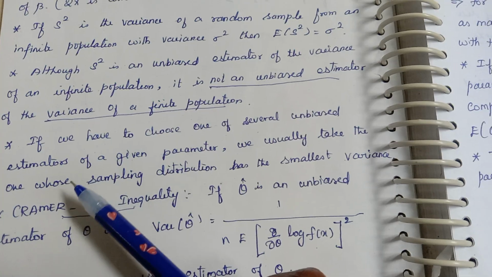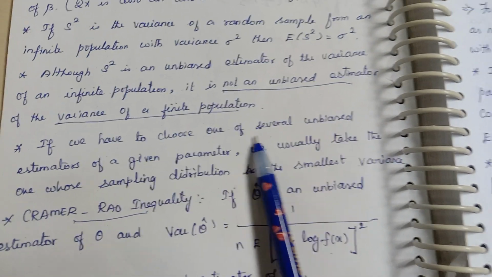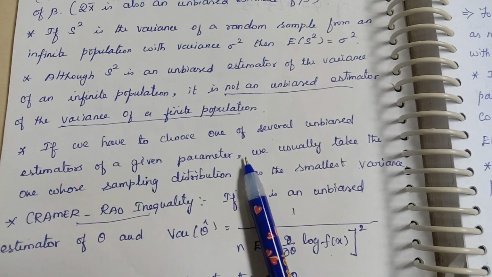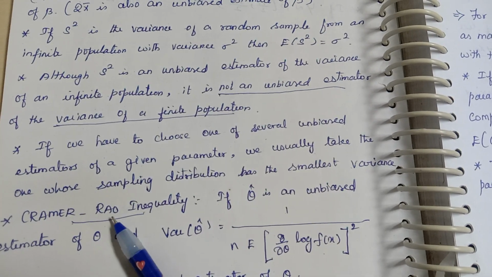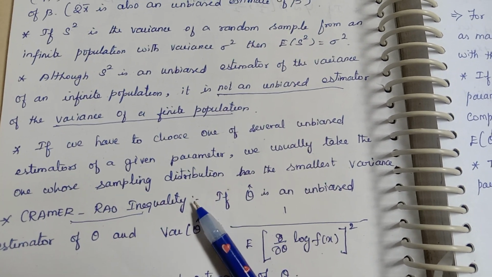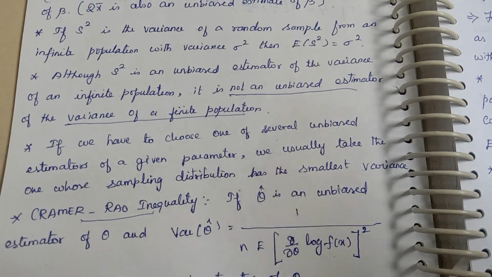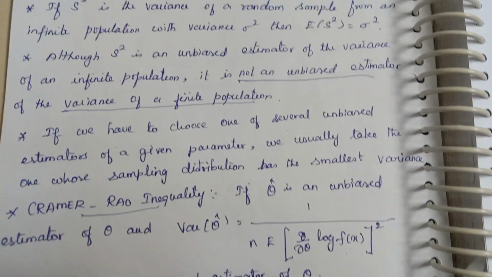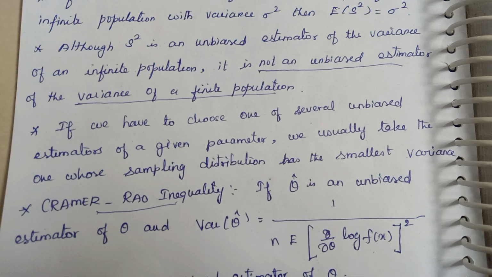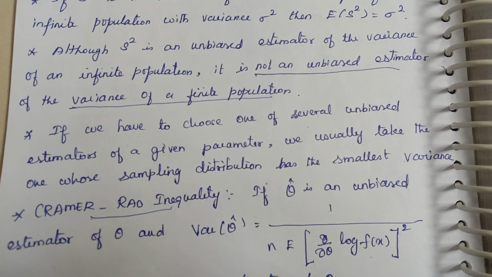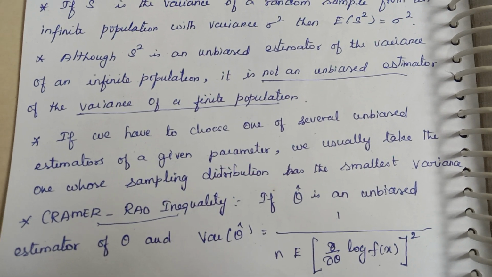Next one. If we have to choose one of several unbiased estimators of a given parameter, we usually take the one whose sampling distribution has the smallest variance. We may have several unbiased estimators. The unbiased estimator need not be unique.